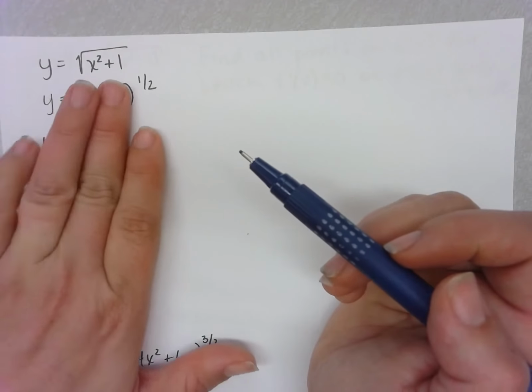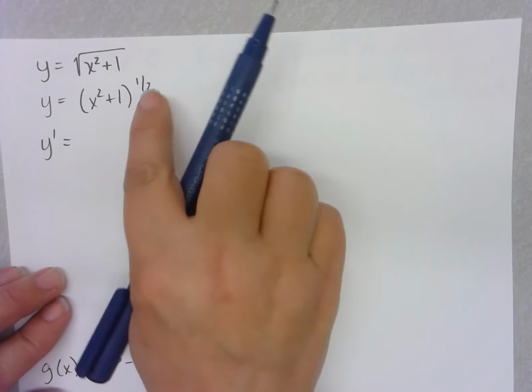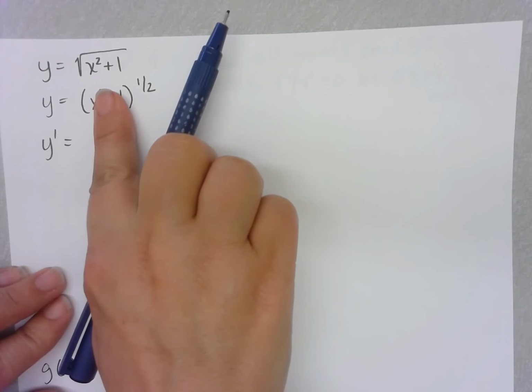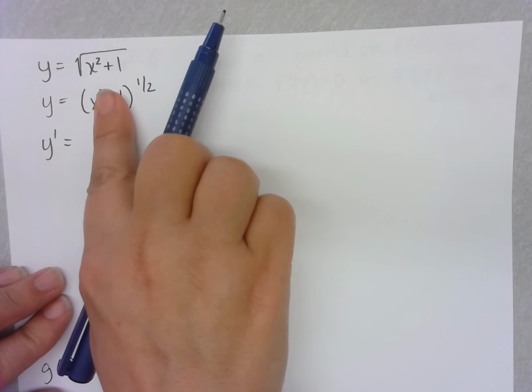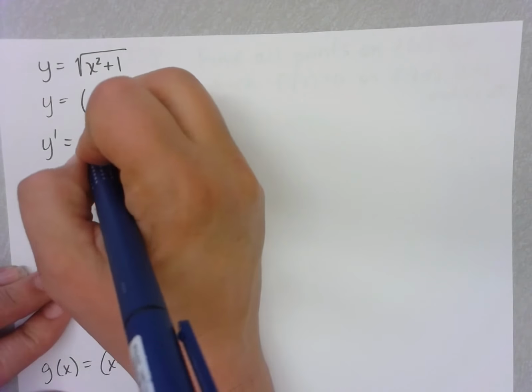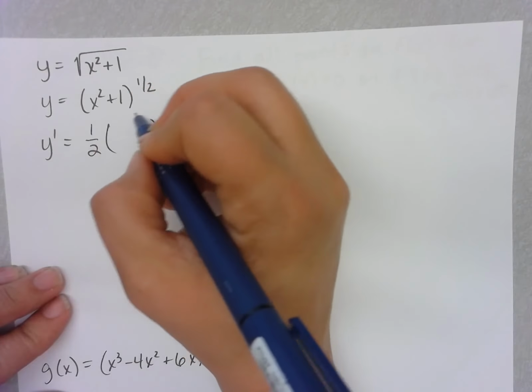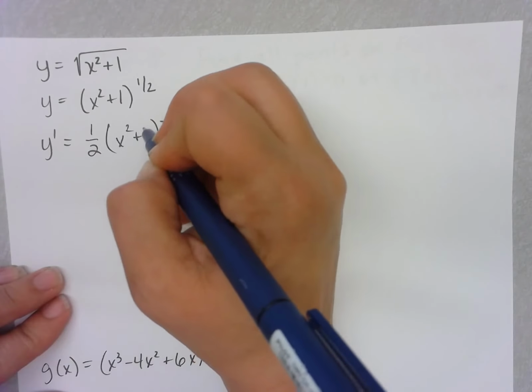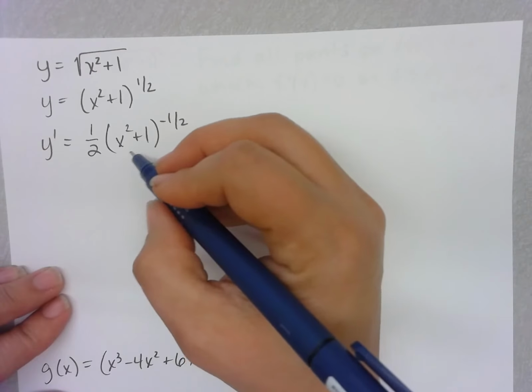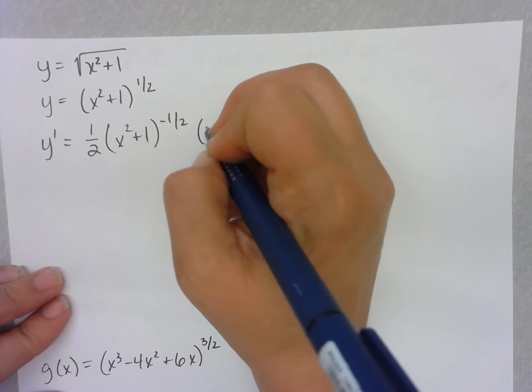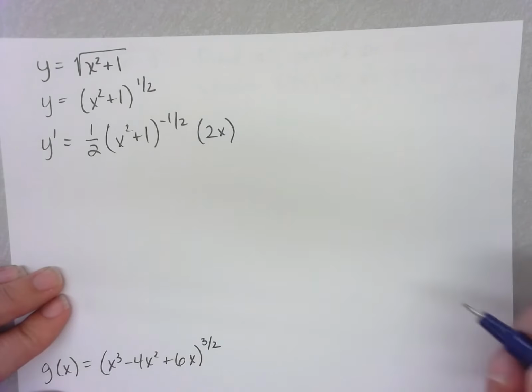We ignore what's in here basically, okay? So we just have like u to the 1/2. So the derivative would be 1/2 u to the negative 1/2. So I'm going to have 1/2 to the negative 1/2. This stays inside. And then my last step is to multiply by the derivative of the inside, which is 2x.